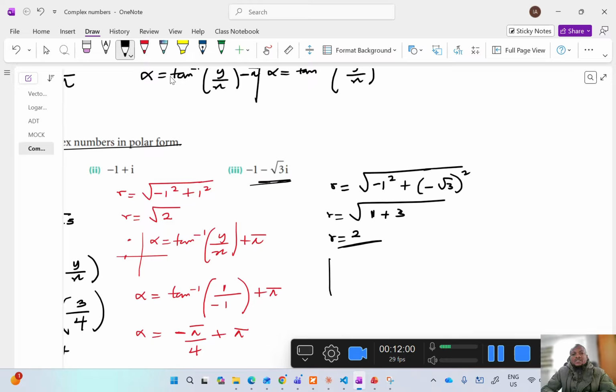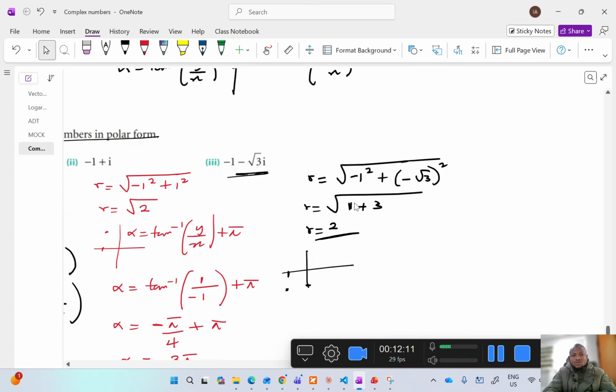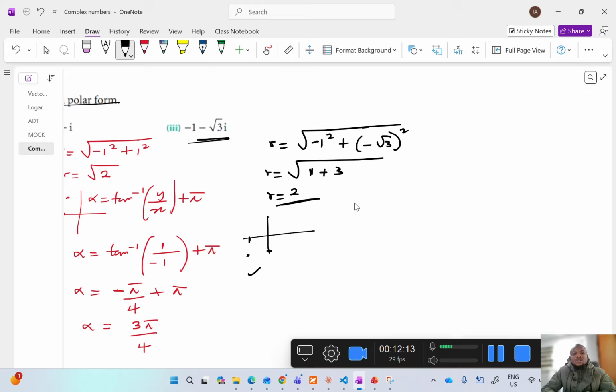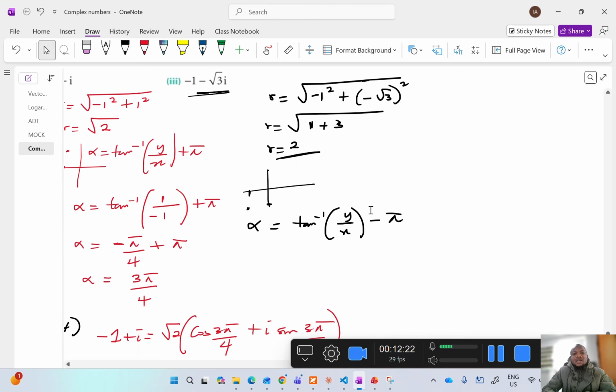Now, let's sketch this to know what quadrant it lies in. X is negative, y is negative. That means it lies in the third quadrant. In the third quadrant, we know that the principal argument is equal to arctan of y over x minus pi. So the principal argument is arctan of minus root 3 over minus 1, minus pi.